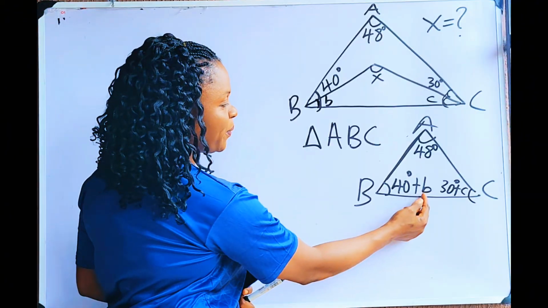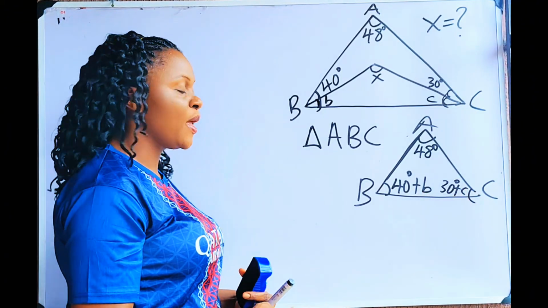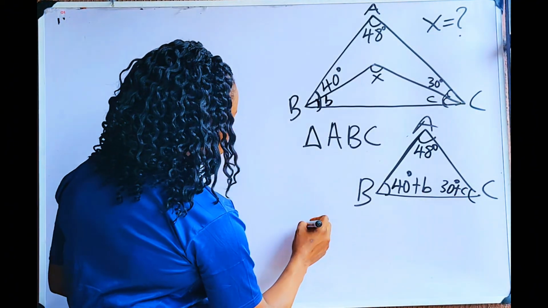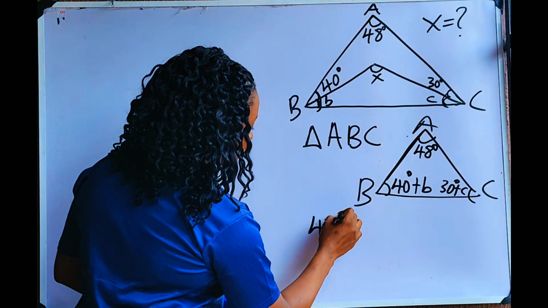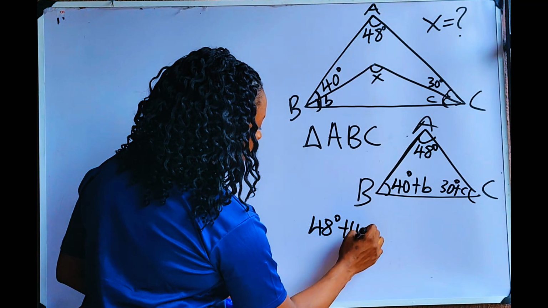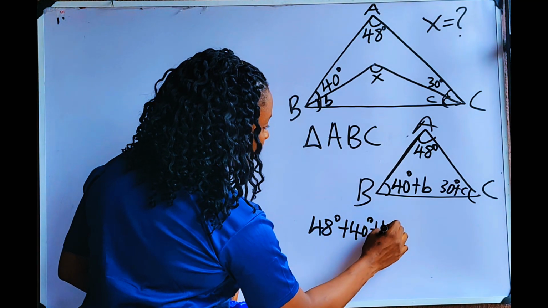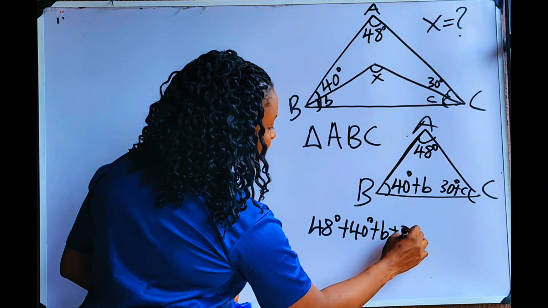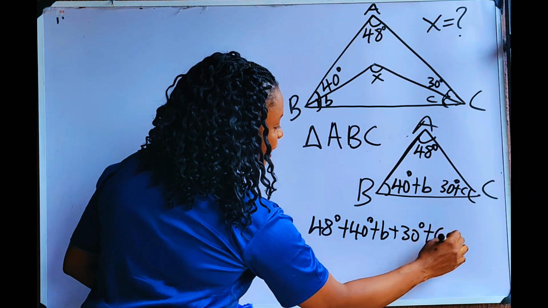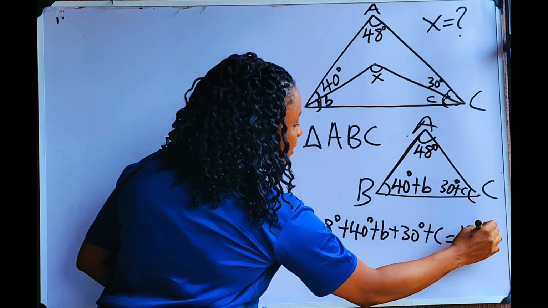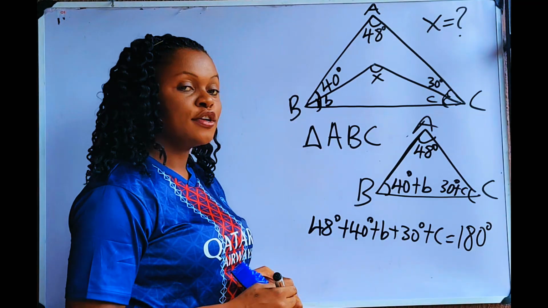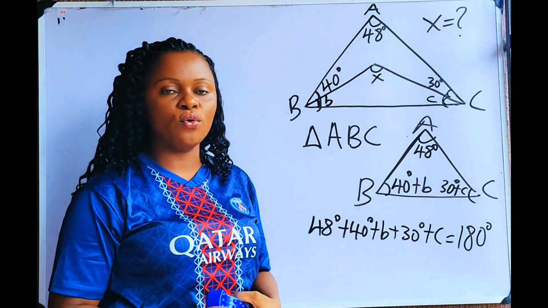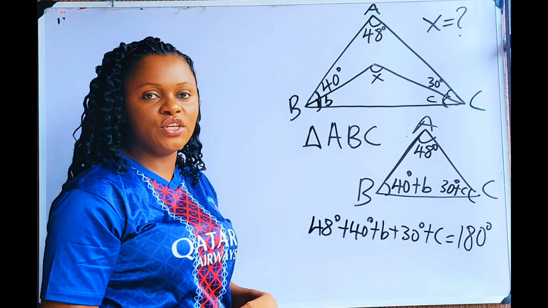So we are going to have 48 degrees plus 40 degrees plus b plus 30 degrees plus c equal to 180 degrees. Remember our reason: sum of the angles in a triangle equals 180 degrees.